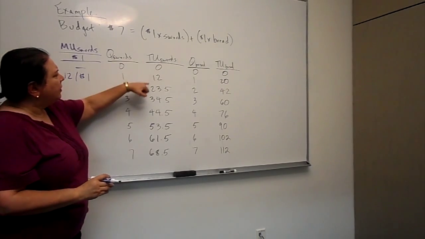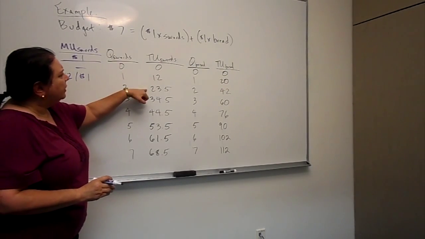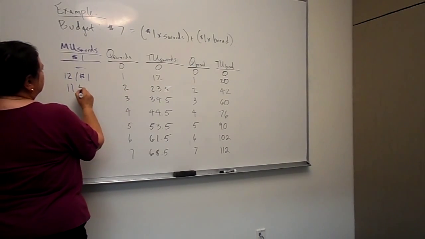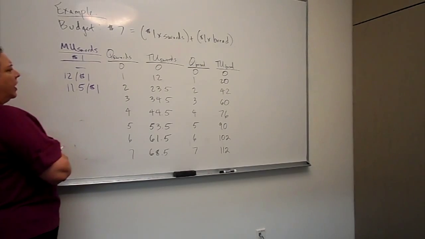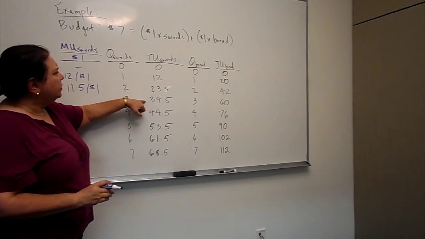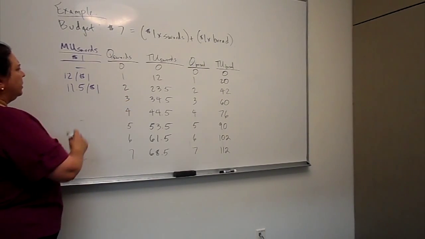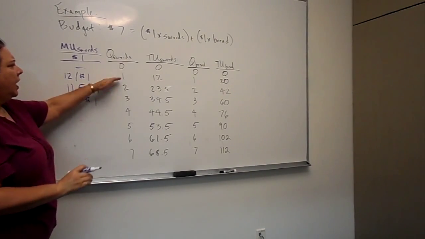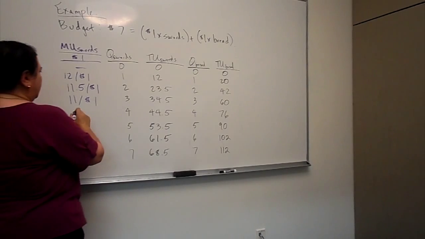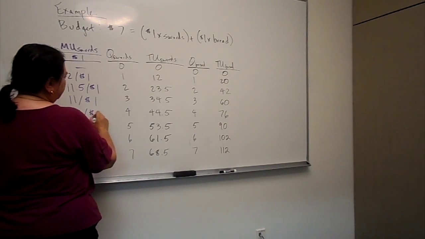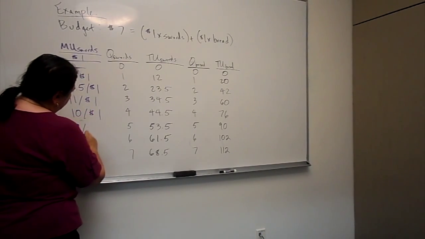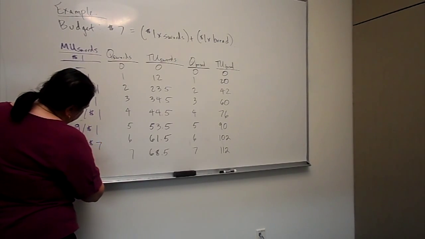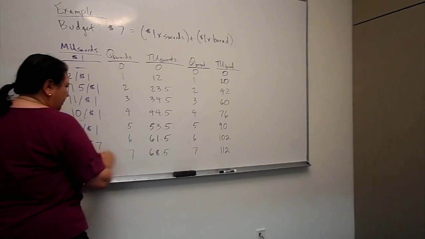The next sword gives you an extra utility of 11.5, and you divide by 1. Then the next one gives you extra utility of 11, and you divide by 1. And you just keep going like that. The next one is 10, the next one is 9, then 8, then 7.